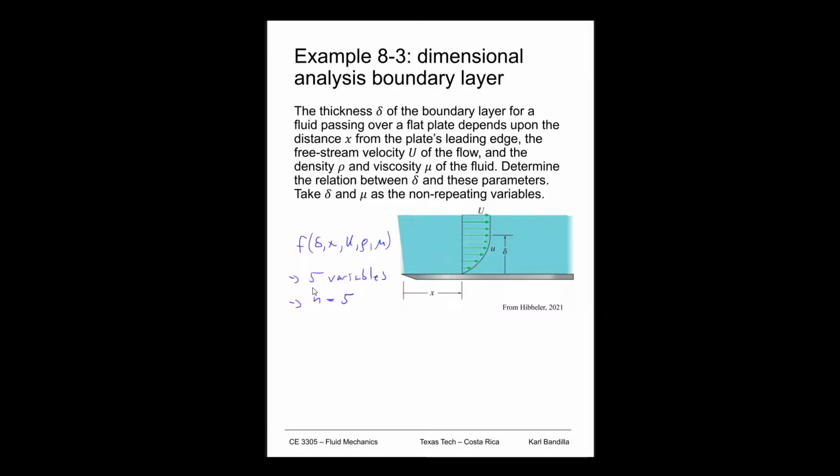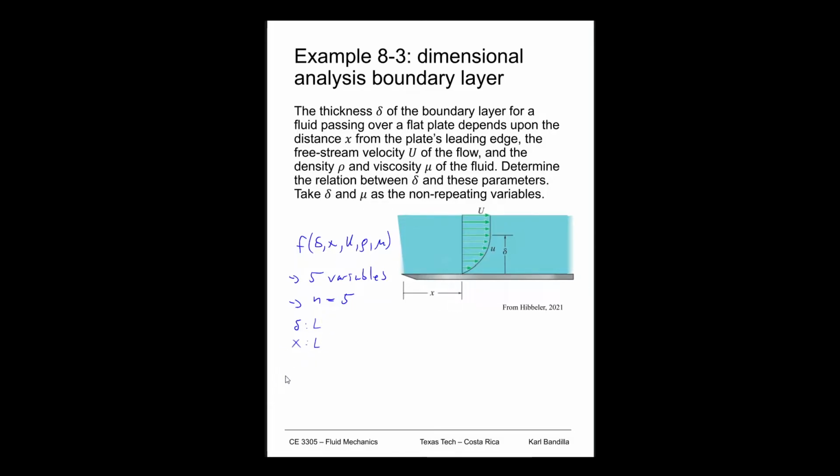Now we need to find what m is, that's how many of the primary dimensions are here, MLT in our case. So let's write each of these in terms of MLT. We'll start with delta. Delta is a length and nothing else, so delta is L. X, same thing, also a length.